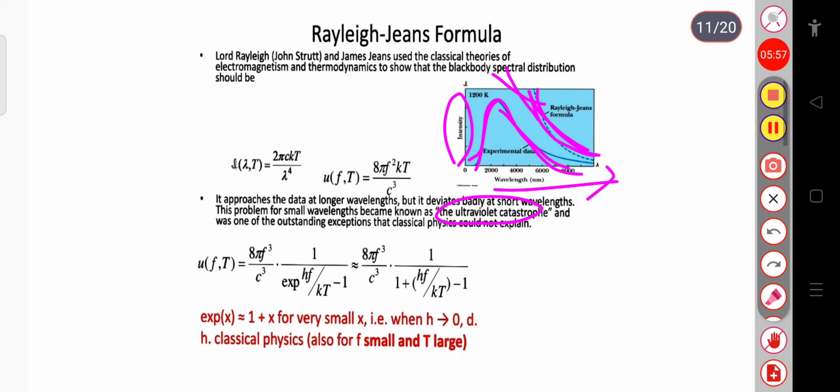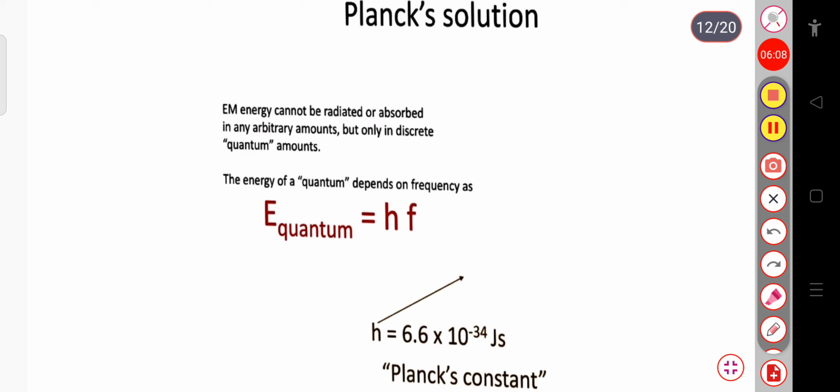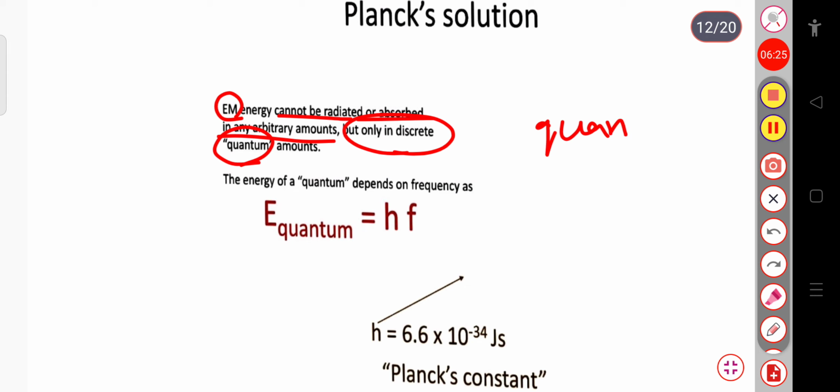All these experiments are based on the concept of classical physics, where we have considered that light has only wave nature. Later, when Planck came, he gave the idea that electromagnetic energy cannot be radiated or absorbed in any arbitrary amount, but only in discrete form, called the quantum amount, the quanta of energy, or the packet of energy.